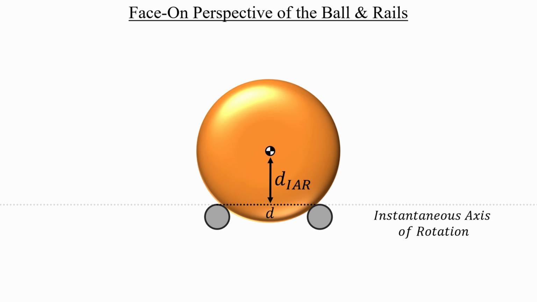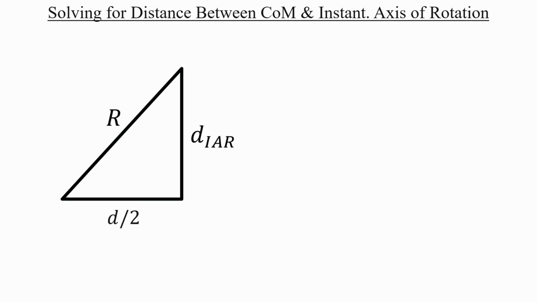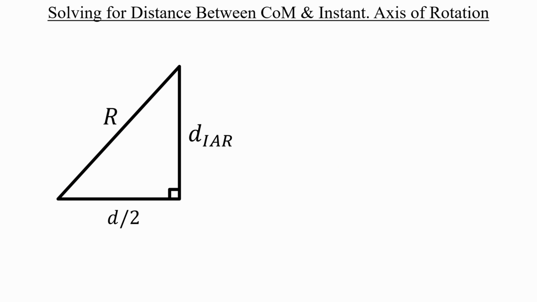Here's how we can figure out its length. Let's draw a line connecting the center of mass with the point where the ball touches one of the rails. This distance will be equal to the ball's radius. If you look closely, the lines that we've drawn have created the shape of a right triangle. If we use the Pythagorean theorem, we get the following relation between the sides as seen on the right.